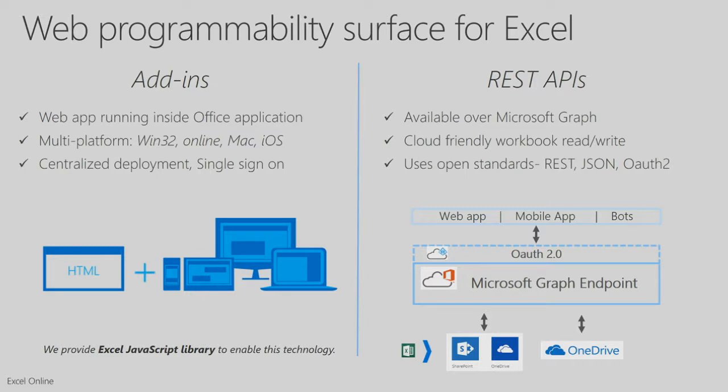They can communicate via REST, putting in some JSON formatted info, authenticating using OAuth 2, which are all standard open source technologies. And once your script communicates with the service, it is able to go and fetch a workbook from one of the cloud file hosts, open it up, and allow for your application to run different commands and different operations against this workbook programmatically. Okay?